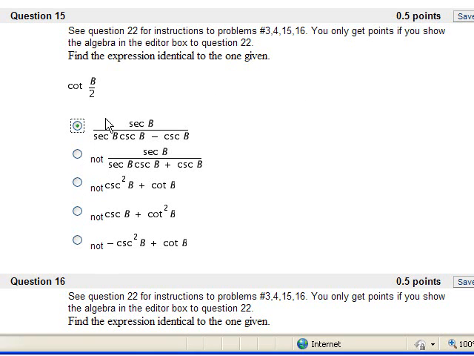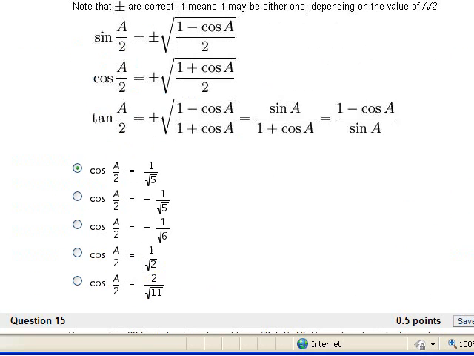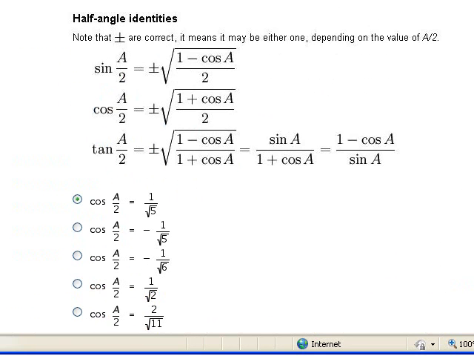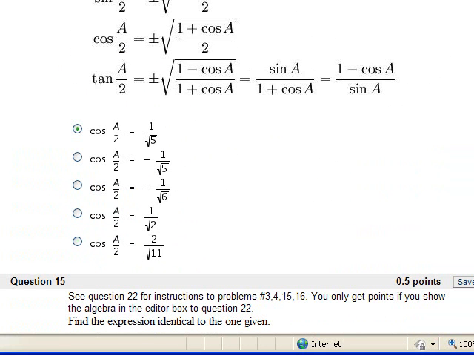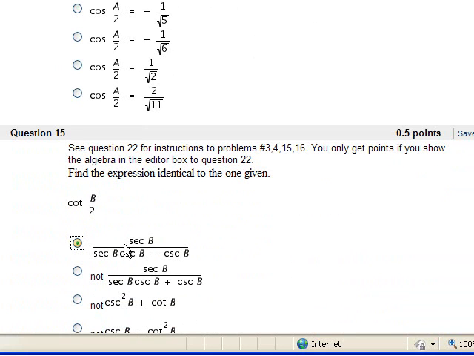You would still have to show that by taking the left hand side and, with the half angle identities, cotangent b over 2, you would use the reciprocal of one of these formulas, and look closely which one you would choose, and then manipulate the right hand side and see that the left hand side equals the right hand side.